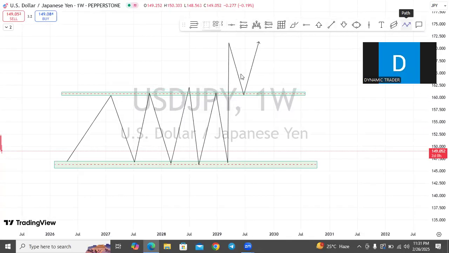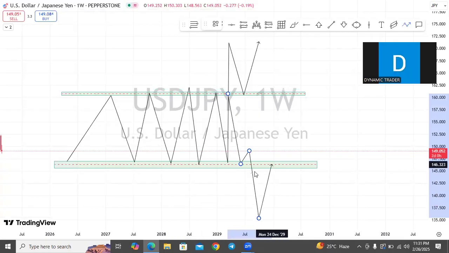Then this other scenario is when the market is also moving this way, then instead of bouncing up, it now breaks below. So it's expected that the market has to do what?